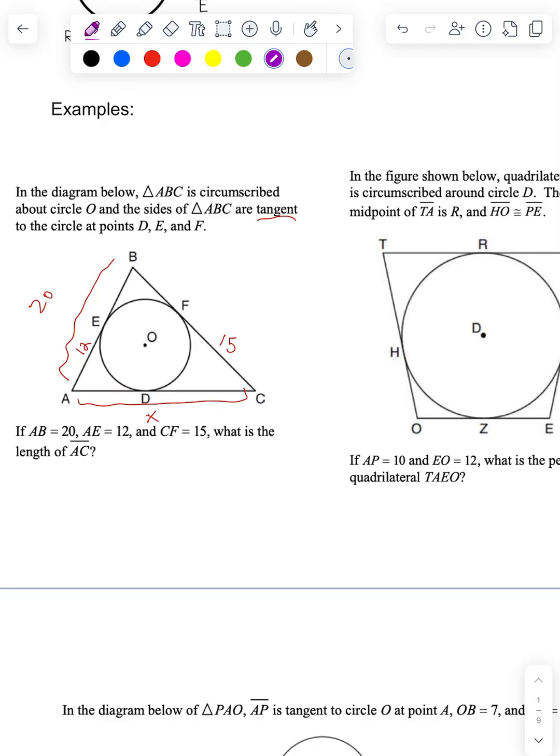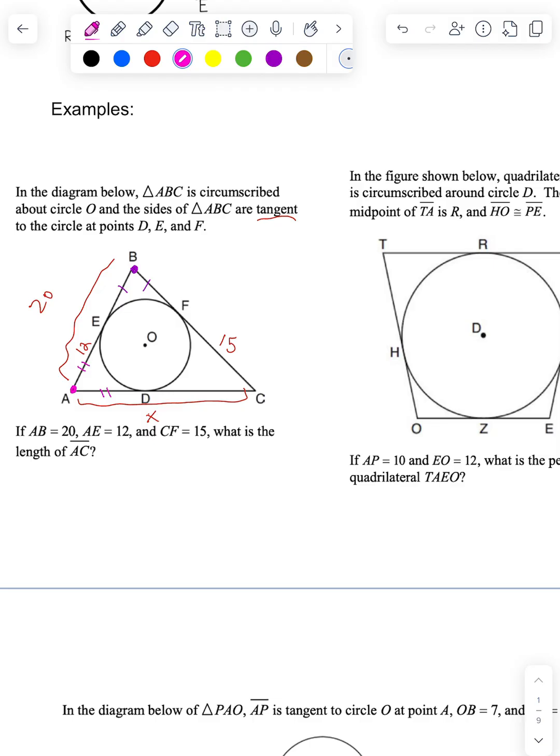So I see that tangents BE and BF are coming out of the same outside point, so that means they're congruent to each other. I see from this outside point, tangents AE and AD both come out of that outside point, so they're congruent to each other.